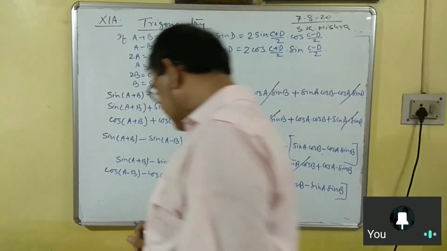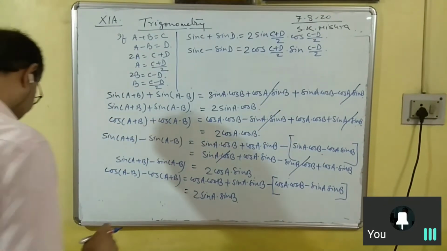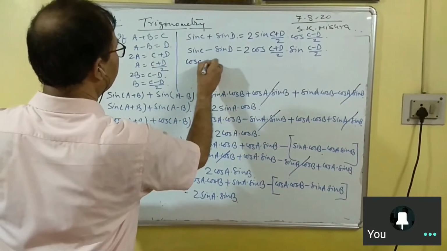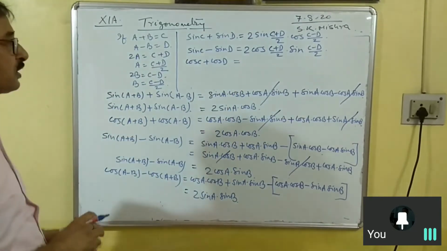Now in a similar way you can write cos C plus cos D. So tell me, what is cos C plus cos D?